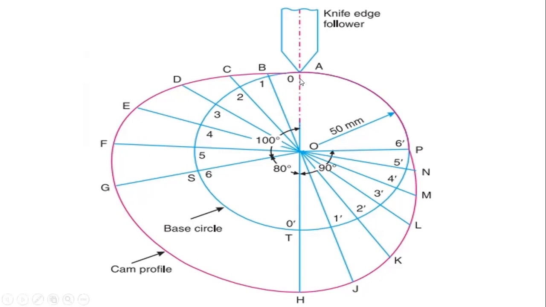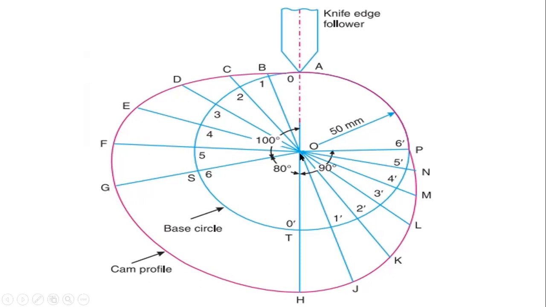First of all, we have to divide the cam circle into 4 parts. That is outstroke, dwell, return stroke, and the remaining dwell period. In the first section, that is the outstroke section, you have to divide the 100 degrees angle. So you first take 100 degrees from the vertical line.